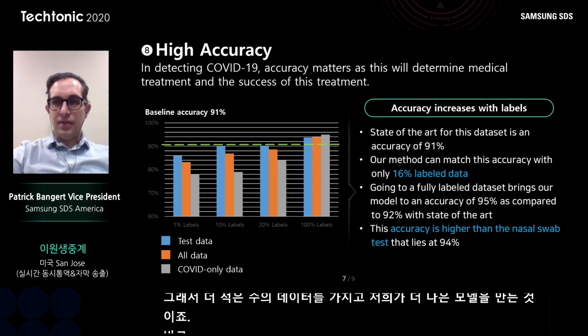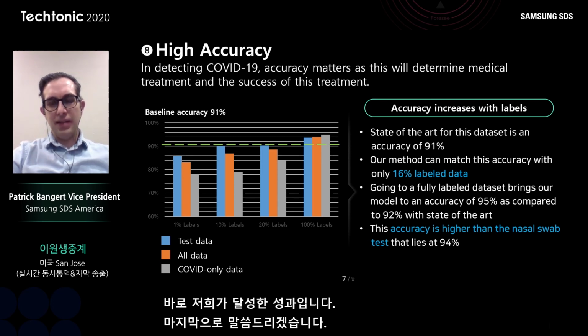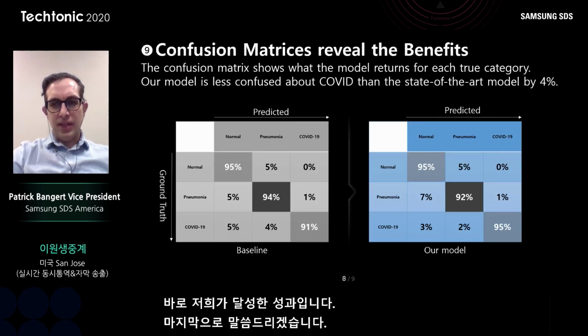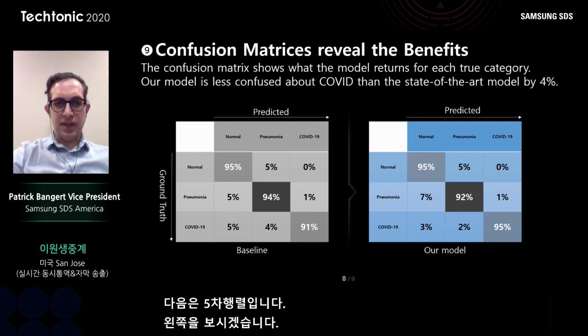Finally, here's the confusion matrix that is usually presented in classification tasks. On the left-hand side, you see the confusion matrix for the state-of-the-art model that was the best model prior to our study. On the right-hand side is ours.